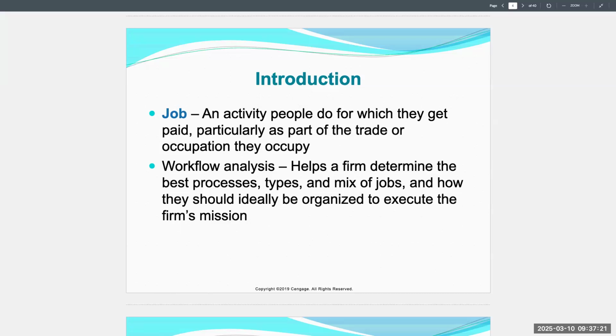If one stage of the process is inefficient or there's something wrong, it makes the job a lot harder, and it makes the customer experience a lot harder as well. So it's not a smooth customer interaction. So job analysis and workflow analysis work hand in hand in creating a structured, efficient and scalable work environment.